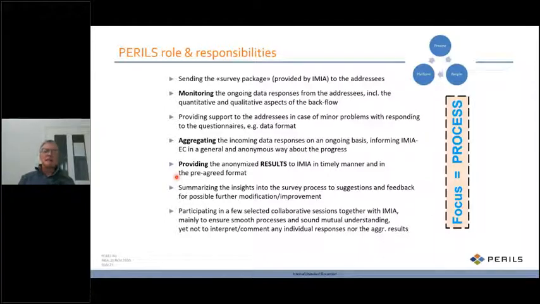So it's basically one large triangle in the case of the ILORI survey, a loss ratio triangle, but it also summarizes the insights into the entire survey process in order to give some feedback to IMIA for possible further modifications and improvement. So it is about managing the process of getting back information, data from the addressees, from the participants in the survey.